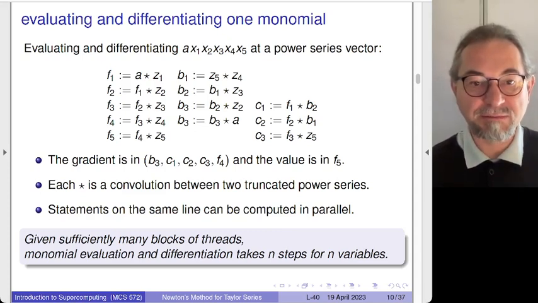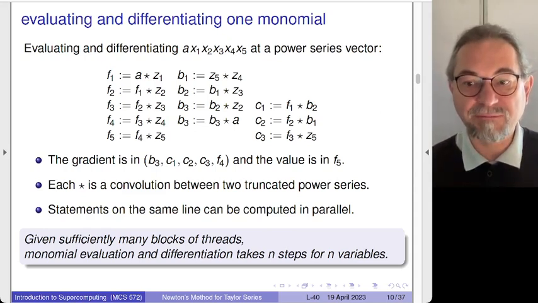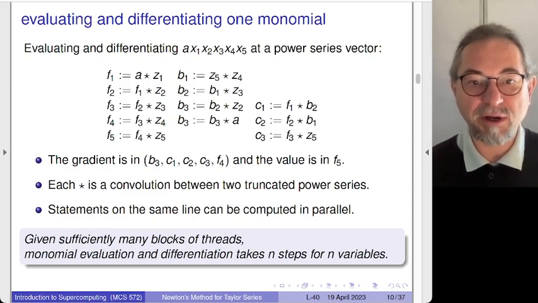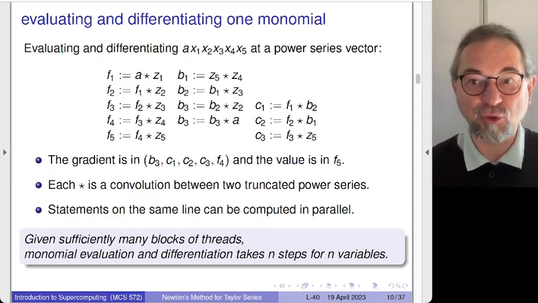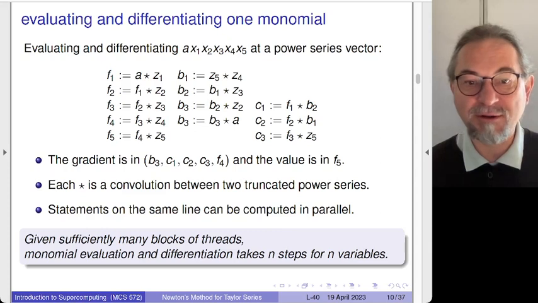And with parallelism, the main statement is at the bottom here. If you have sufficiently many blocks of threads, so if you fully occupy your GPU, then it only takes n steps. So the cost to evaluate and differentiate one monomial is proportional to the number of variables.